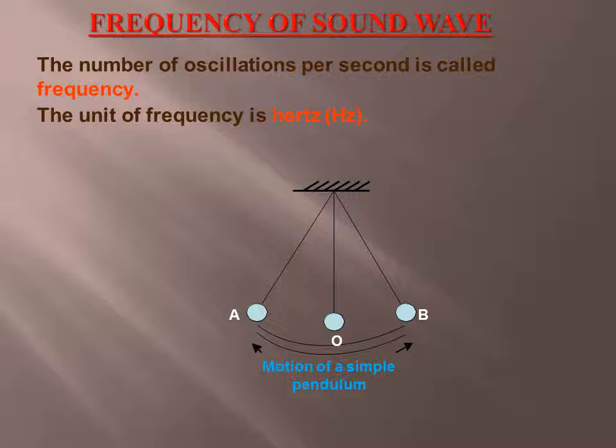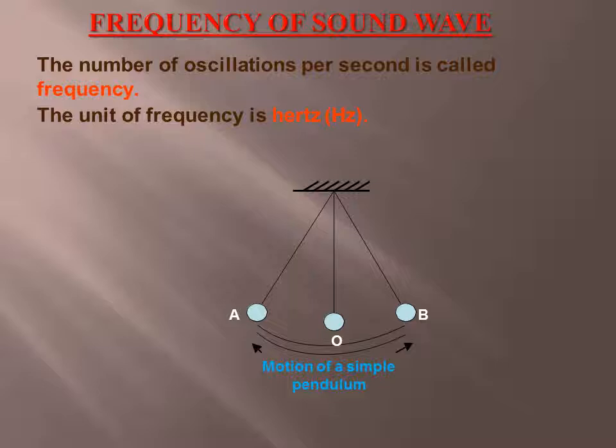In a second, if the oscillation becomes slow, that means in 1 second it oscillates only one time, it is slow, but if it oscillates 2 to 3 times, it is fast. So frequency is higher in that case. The unit of frequency is hertz.